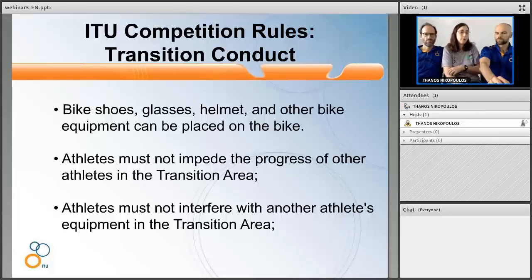We really want to make sure that the transition is as clean as we can get it. Are there any additional rules that we can share with our participants regarding the transition area? Well, just making sure that when you're setting up your transition it doesn't interfere with anybody else.